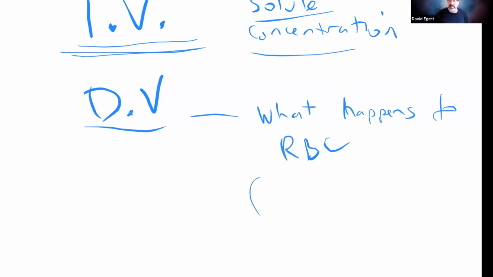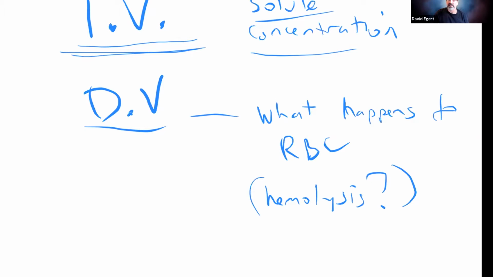In particular, what's the thing that we can actually notice using our methods? Whether or not it lyses or crenates. We can check whether hemolysis occurred. If the supernatant is red, then we know the cells exploded.